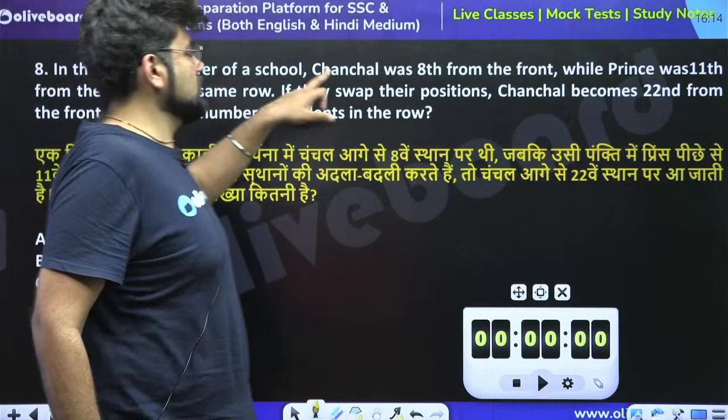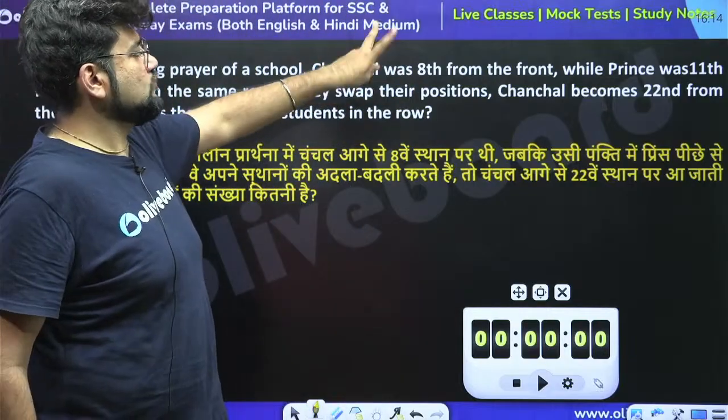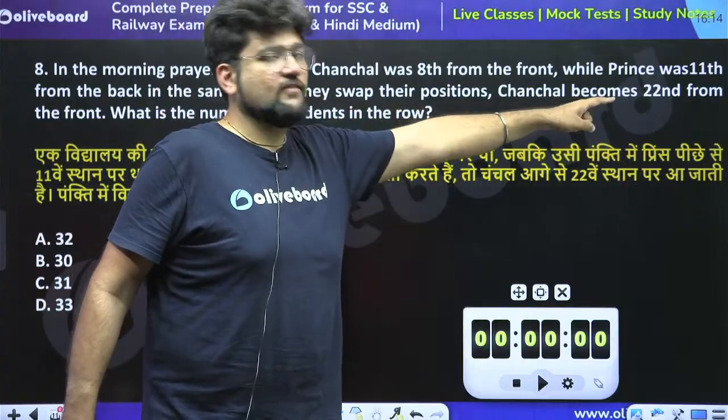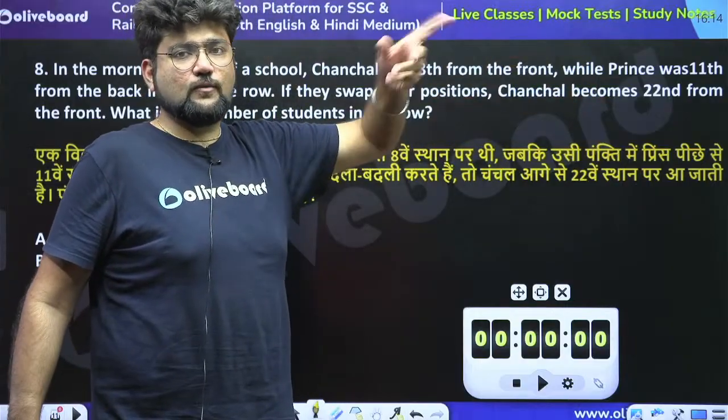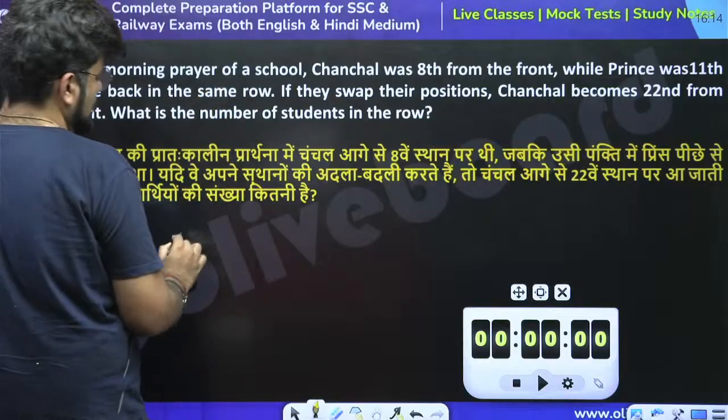Verbally, Chanchal was 8th from the front, Prince was 11th from the back. Now, the moment they switch places, Chanchal is 11th from the back, and Chanchal is now 22nd from the front. What is the total number of people? 22 plus 11 minus 1, that is 32. But if you want to still write it, you can do that.